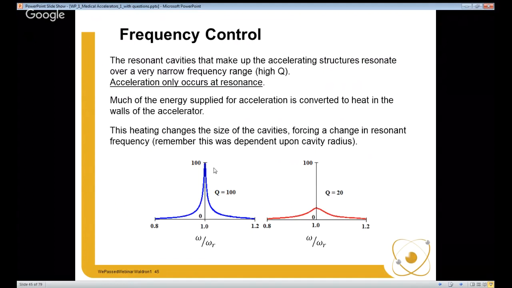In other words, this is a very narrow bandwidth device, and this is a very wide bandwidth device by comparison.